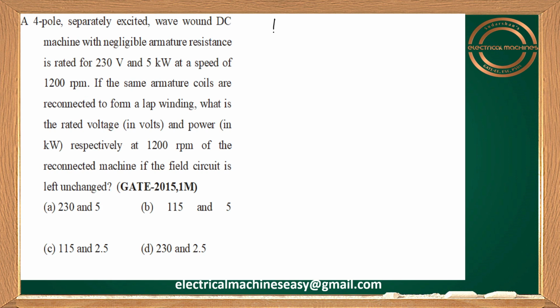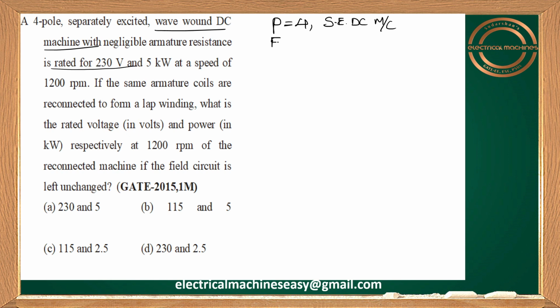A 4-pole, separately excited, wave wound DC machine with negligible armature resistance is rated for 230 volts.